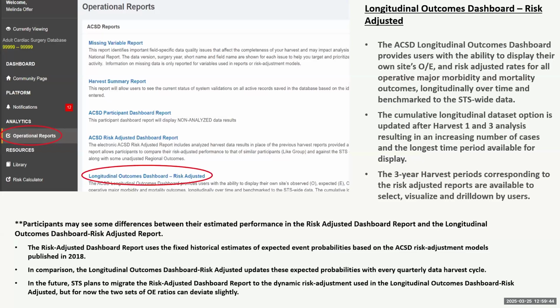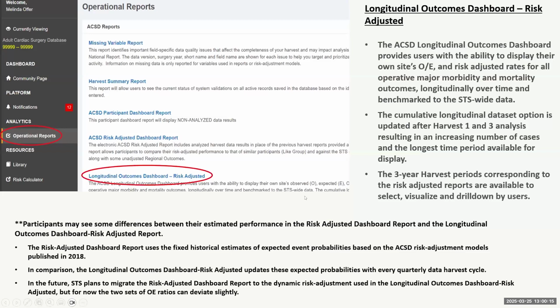The longitudinal outcomes dashboard provides users with the ability to display their on-site OE and risk-adjusted rates for all operative major morbidity and mortality outcomes longitudinally over time. It's usually a 3-year harvest period, and you can drill down and see how you're doing over time.